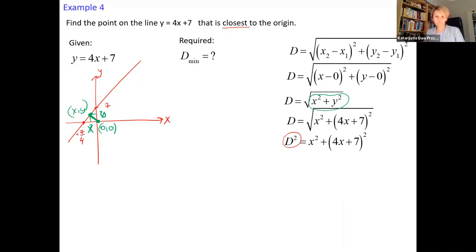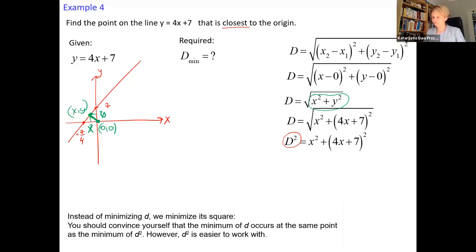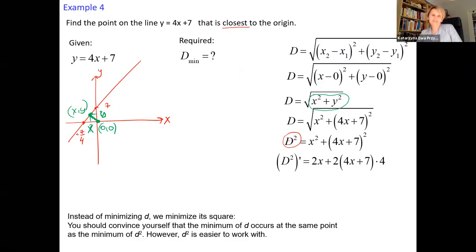For the critical points, we need the derivative. The derivative is as follows. d squared is our name of the function, so d squared prime. The derivative of x squared is 2x, so for 4x plus 7 squared, it will be 2 times 4x plus 7 times 4, the derivative of the inner function.